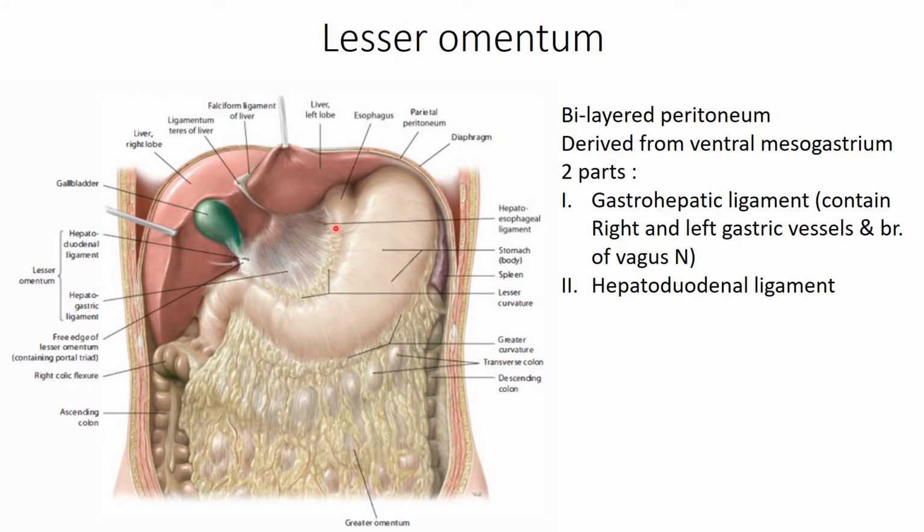Then there is the portion running between the lesser curvature of the stomach and the liver, known as the gastrohepatic ligament, and the even thicker one running between the first part of the duodenum and the liver. So this portion is known as the hepatoduodenal ligament. So remember, this portion is then free.